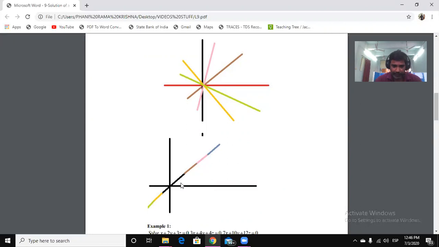Then the system has infinitely many solutions along with this trivial solution. 0 0 is always a solution. Other than this, you have infinitely many solutions. So these infinitely many solutions are called non-trivial solutions.